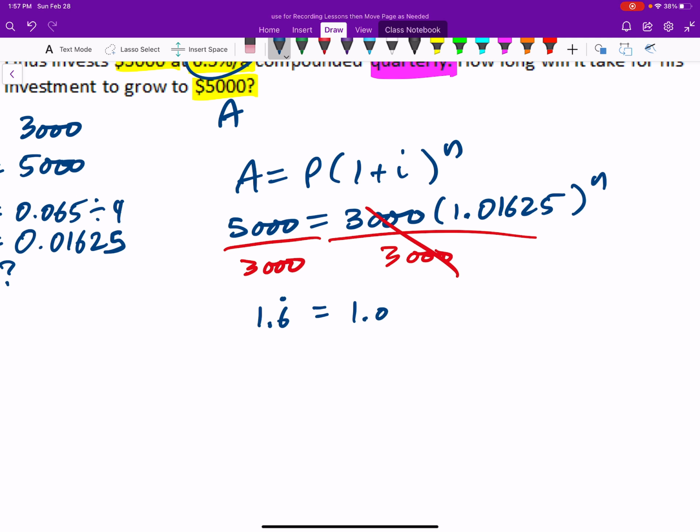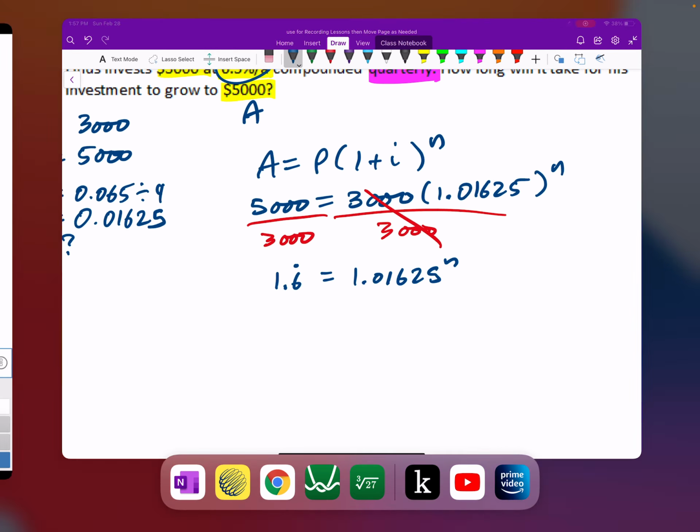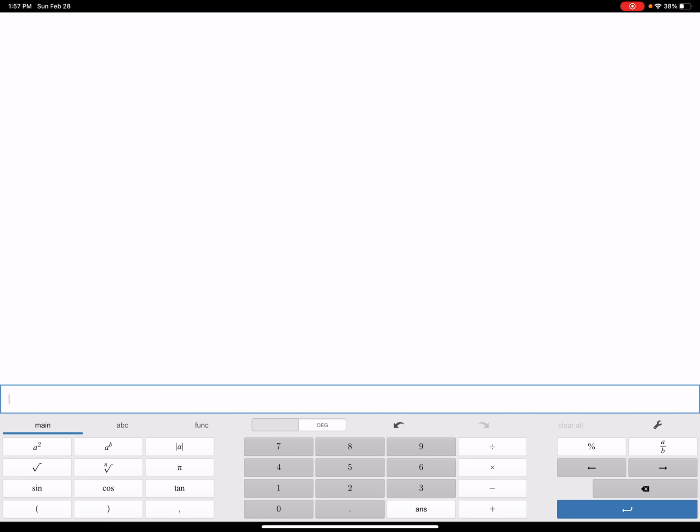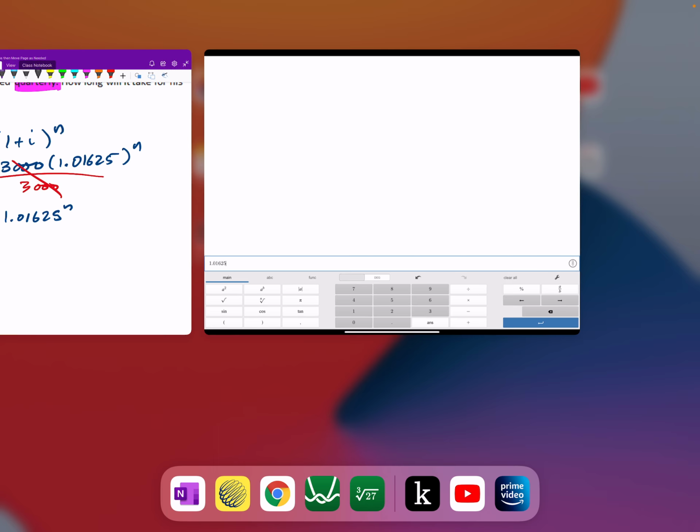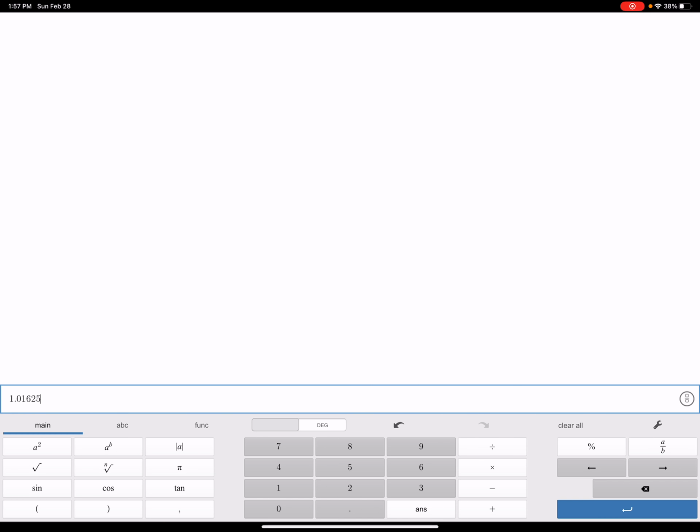And I can just try different exponents on 1.01625 until I get something close to 1.6 repeating. All right, so let's try some different exponents. Let's try 20.